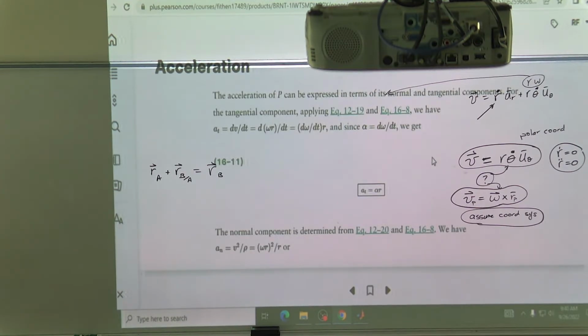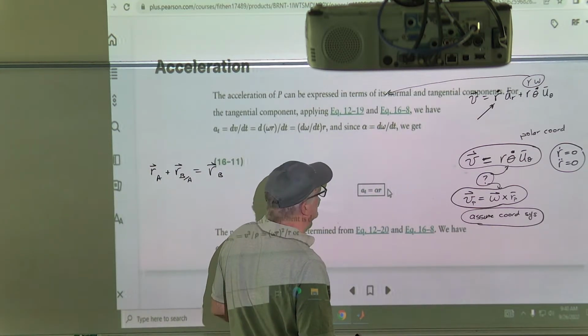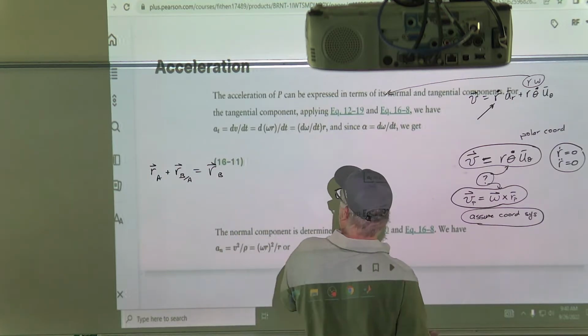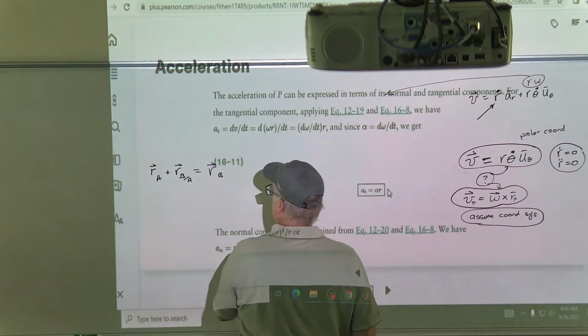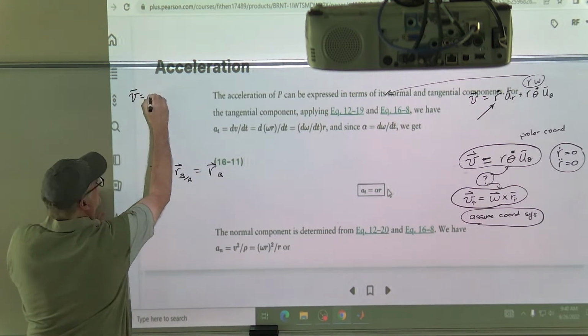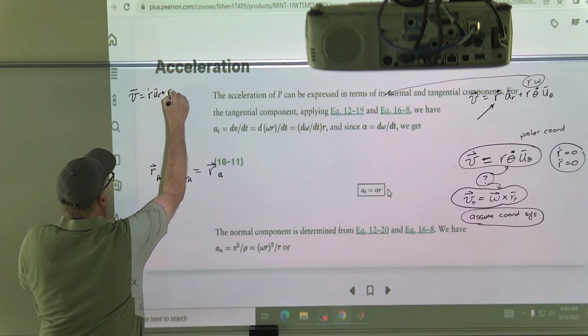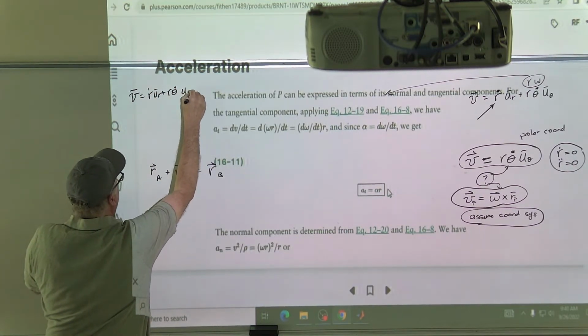Accelerations are kind of interesting. So there is a tangential acceleration. Now, if you don't mind, it looks like I have more space over here. V is equal to R dot UR plus R theta dot U theta.